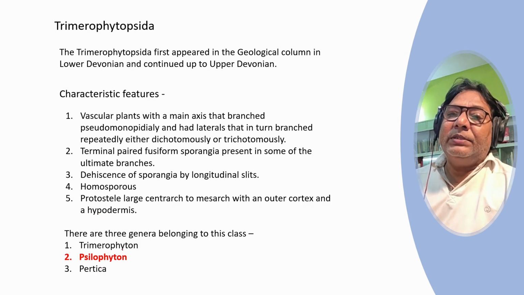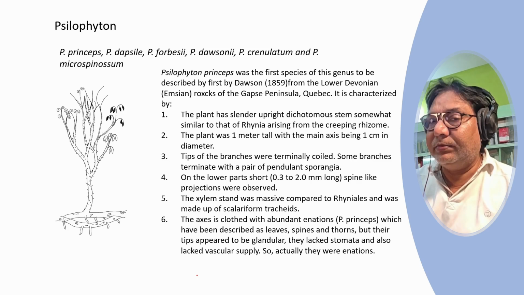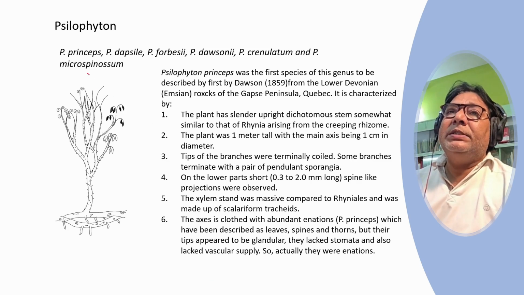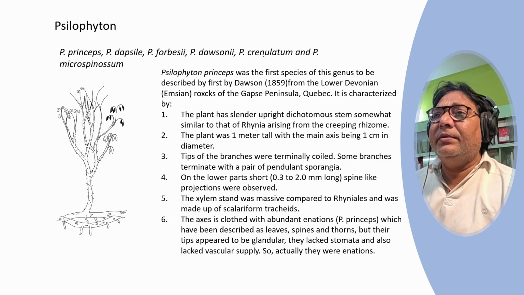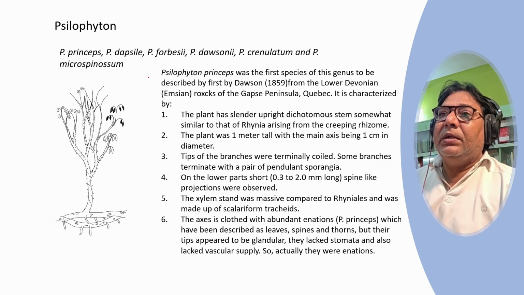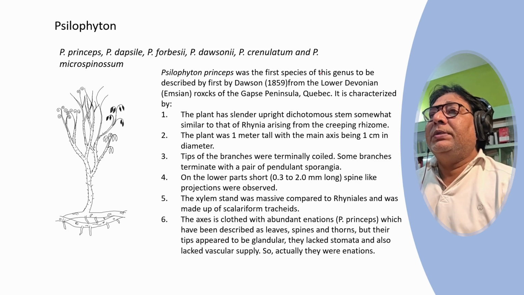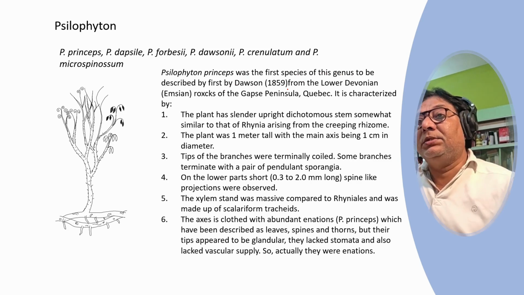There are three members of this group: Trimerophyton, Psilophyton, and Pertica. We will study Psilophyton. There are many species of Psilophyton, like Psilophyton princeps, Psilophyton depsile, Psilophyton forbesii, Psilophyton dawsonii, Psilophyton crenulatum, and Psilophyton microspinosum. Here, what has been described is Psilophyton princeps, the first species of this genus to be described, by Dawson in 1859.